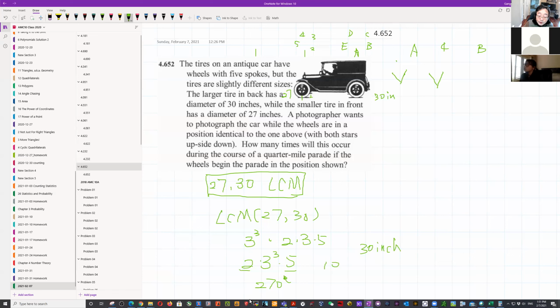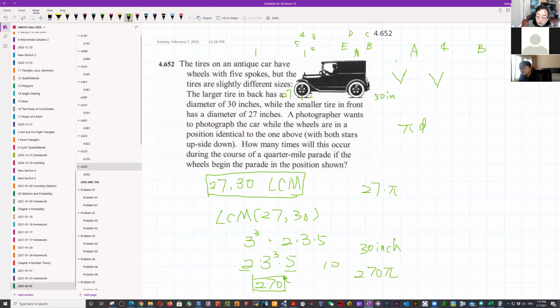So if I roll 270 pi, basically, one complete circle of the front wheel is 27 pi, because the diameter is 27, and the circumference is pi d, so 27 multiplied by pi.